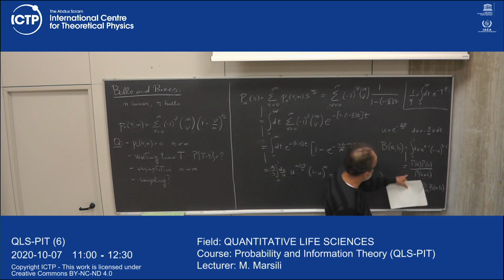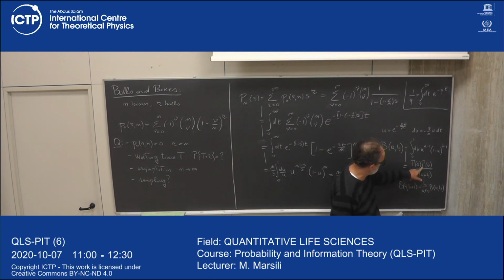And this relation you just deduce from the fact that gamma of b plus 1 is b times gamma of b, and gamma of a plus b plus 1 is a plus b times gamma of a plus b.